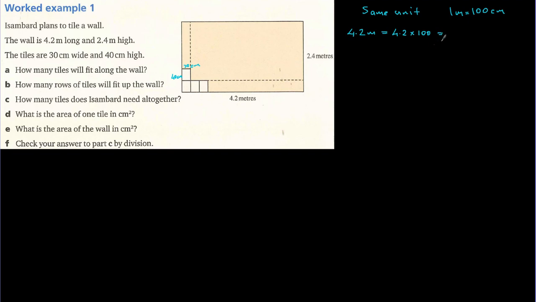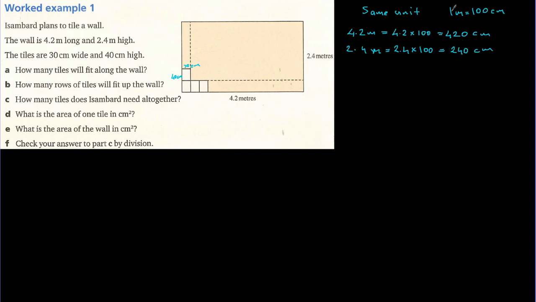For getting the smaller unit, you multiply by the conversion factor. So 4.2 meters is 4.2 times 100, which is 420 centimeters, and 2.4 meters is 2.4 times 100, which is 240 centimeters.